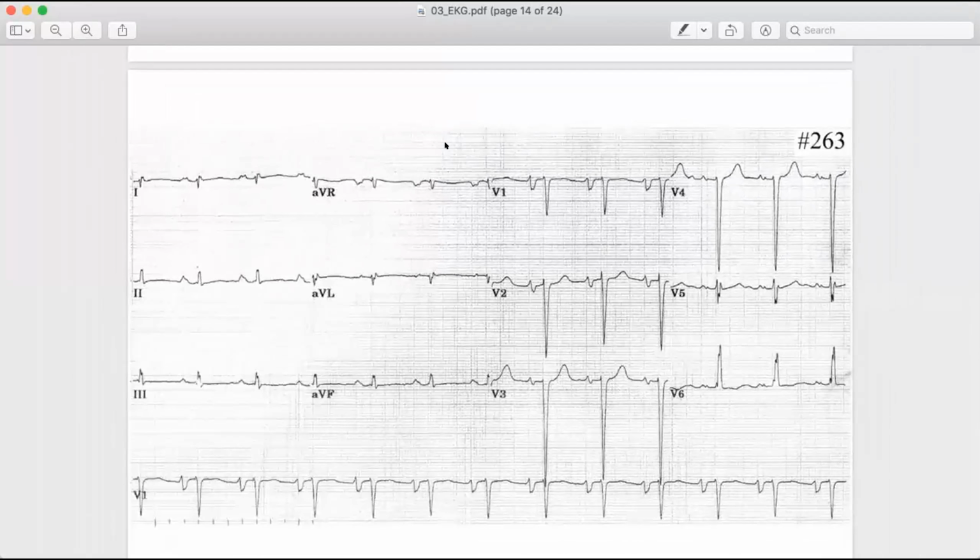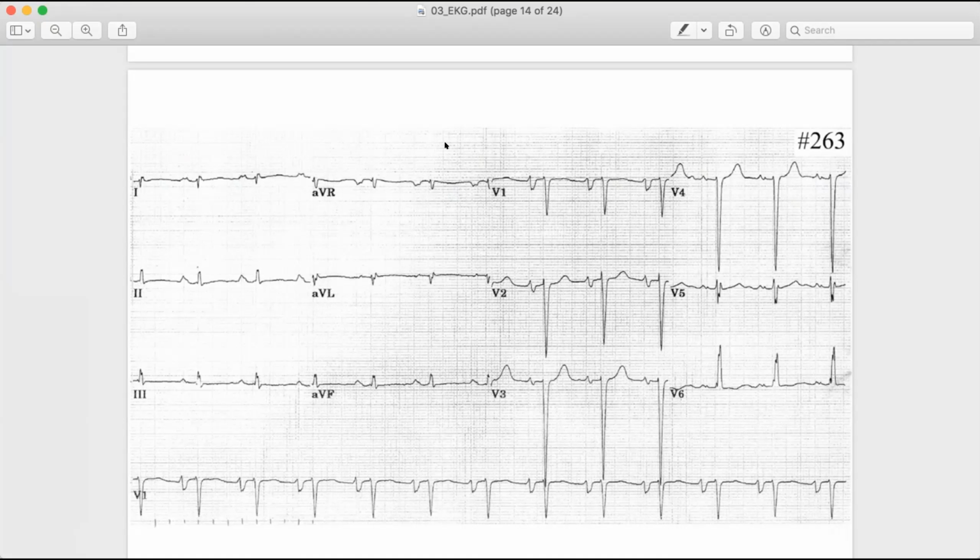First of all, calculating the heart rate: it's about 4 big squares, meaning about 75 beats per minute. Then we can see it's rather positive, maybe equiphasic, but I would say positive. Positive lead 1, positive lead 2, and positive AVF. What is positive in lead 1?